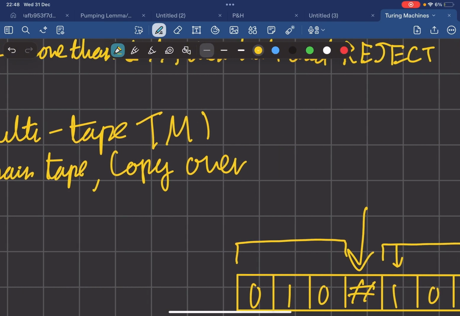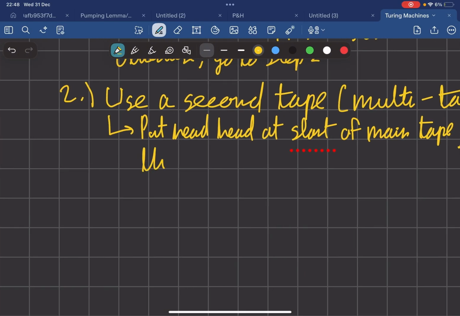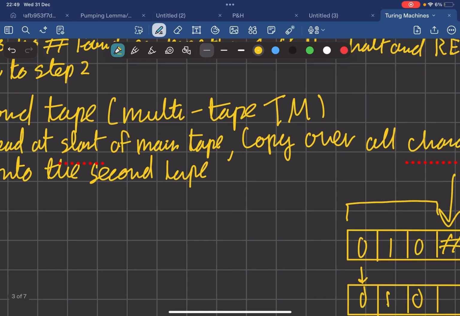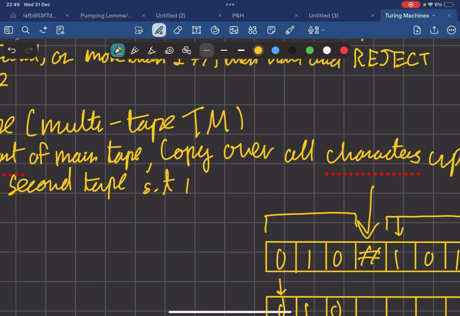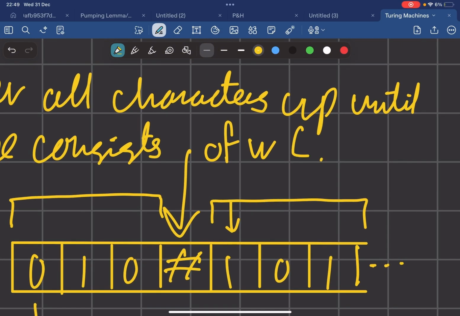So we're going to copy over all characters up until the hashtag onto the second tape, such that the tape now consists of W from the original string we had, which is this.